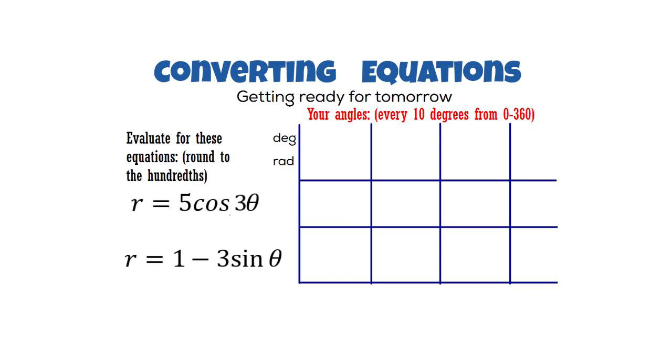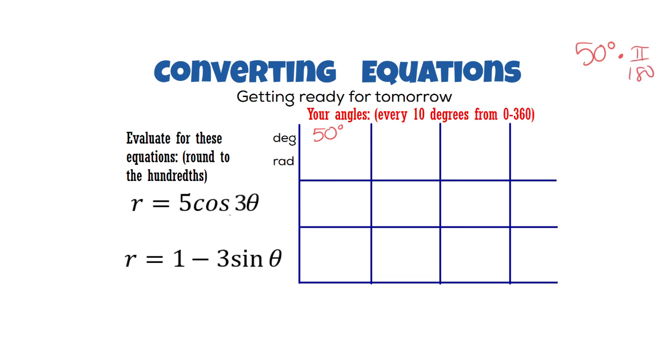I'm going to ask you to pick an angle, something divisible by 10, somewhere between 0 and 360. I'm using degrees for right now. Let's pretend that you picked a 50-degree angle. Now what you can do is convert your 50 degrees into radians by taking it times pi over 180.